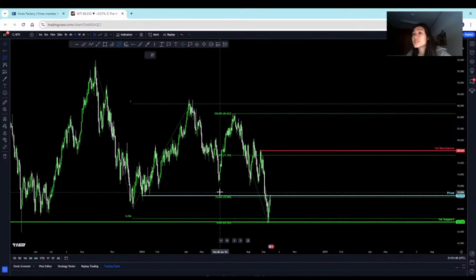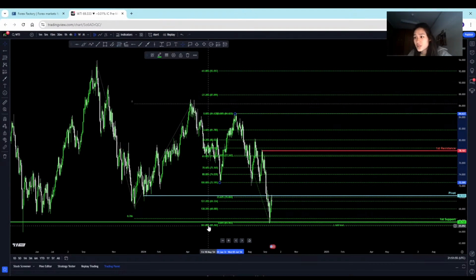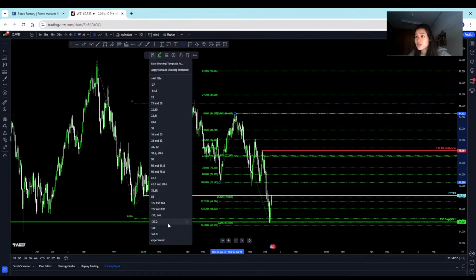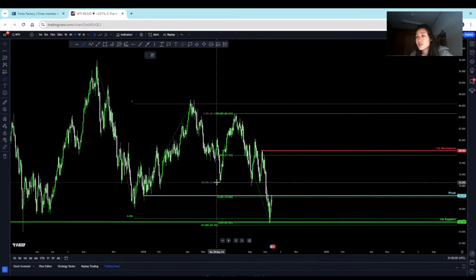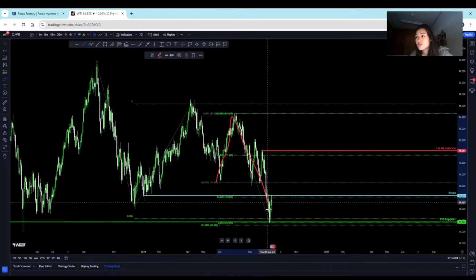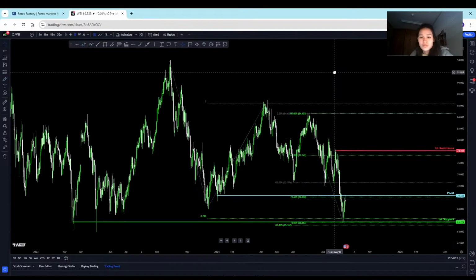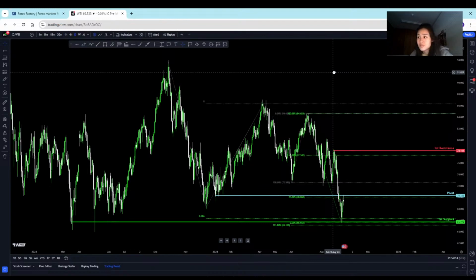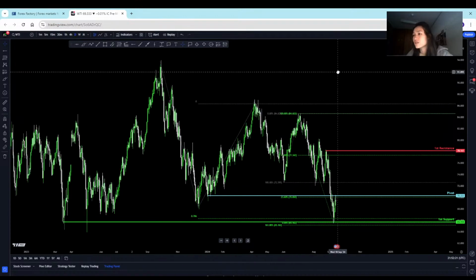Oh, let's see if we have any extensions. So again, extensions are that Nike tick shape that we always look for. So you can see that 161 lines up with our first support, and that Nike tick shape is over here. It's just an inverted Nike tick shape here. Okay, I think that's all the levels we have.